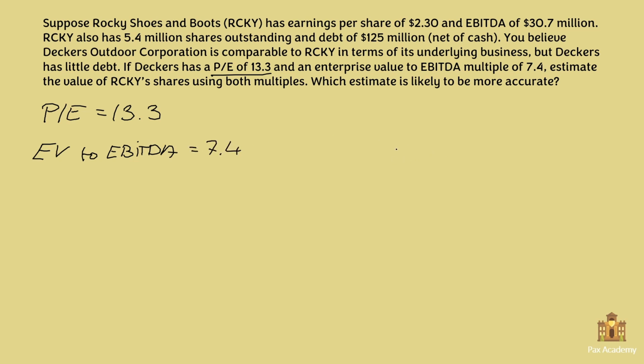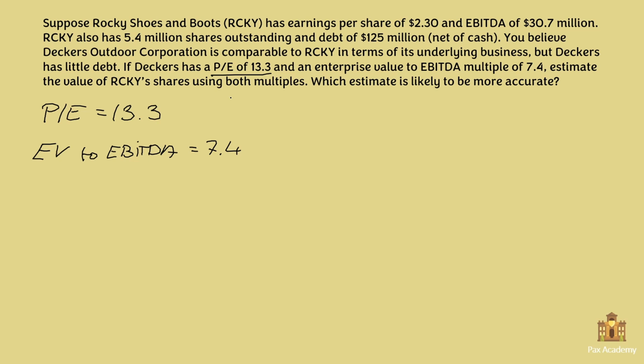Now, because it says you believe that these two firms are comparable, it means we can interchangeably use these multiples for the other company as well. Excellent. So the first thing to do is to find out the price using the PE ratio.